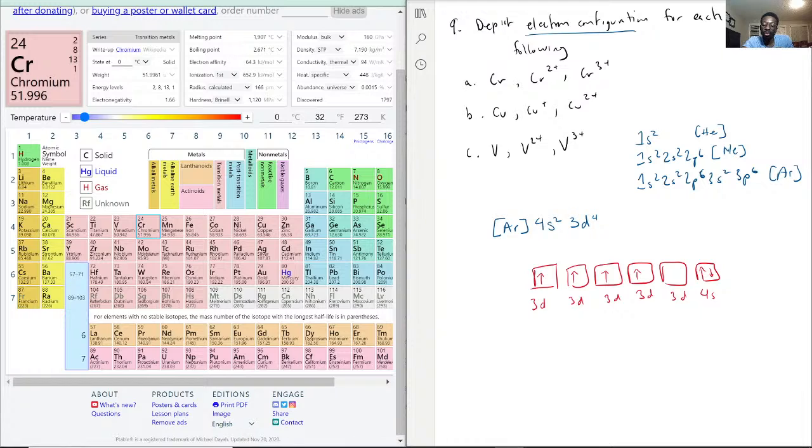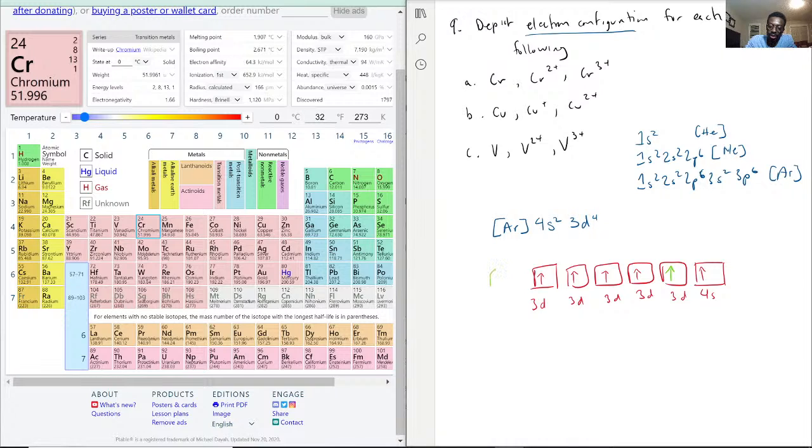For a more stable element, I'd prefer to have its d subshell at least filled with 1 electron than just conveniently having the 4s2, because it is quite greedy for this s. So this one electron would move and be placed over here.